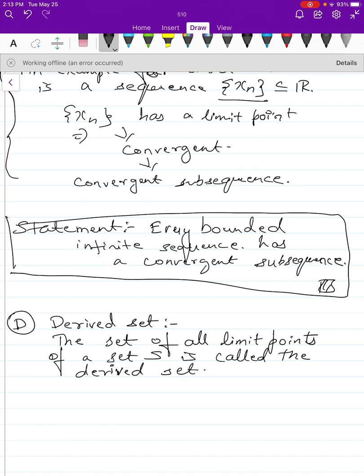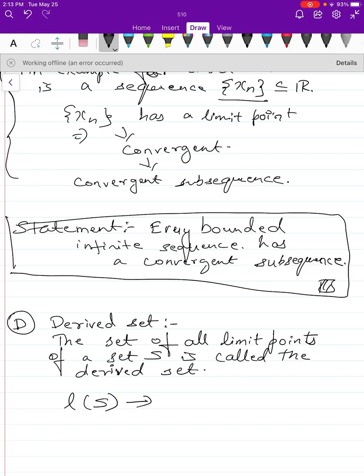Some Indian authors usually represent this set by L of S. So L of S is nothing but the set of all limit points of the set S.